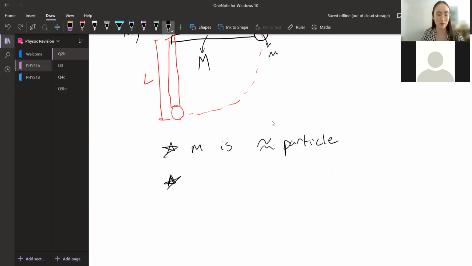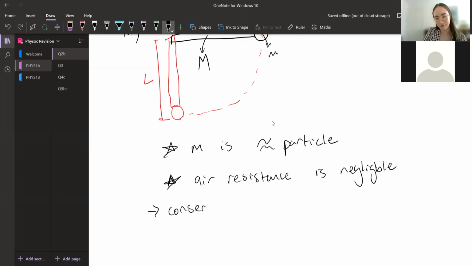Another part in the question that gives us a hint about how to solve it is that air resistance is negligible, which means that we don't have any non-conservative forces. And this should be pretty much drilled into you, but if there are no non-conservative forces, then they don't do any work. And basically we can apply the magic of conservation of energy. So we're going to use conservation of energy to solve this one.